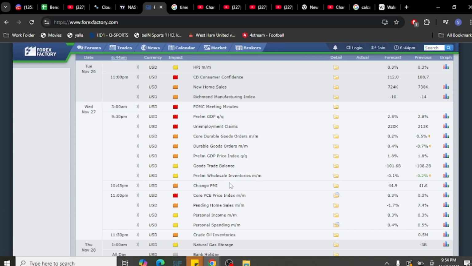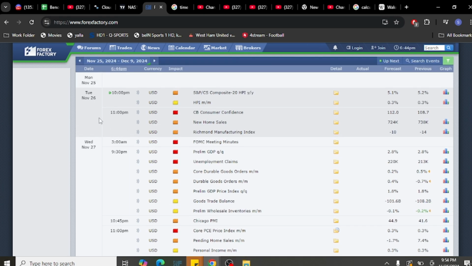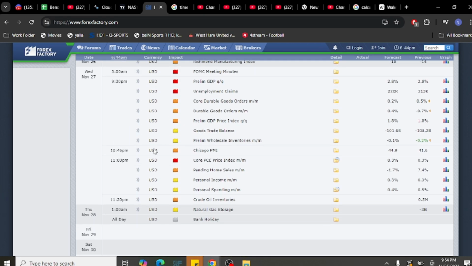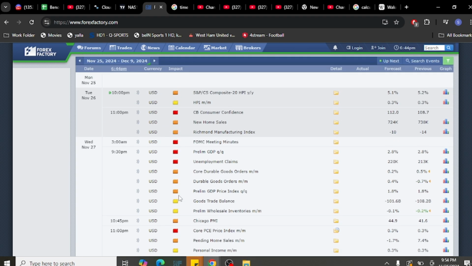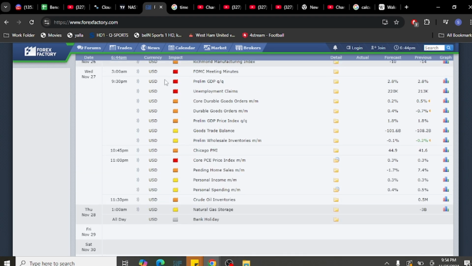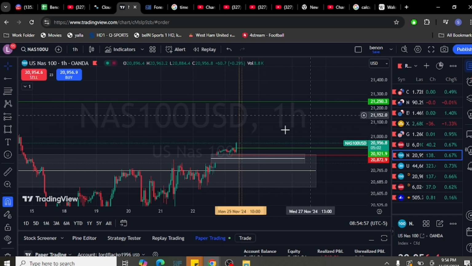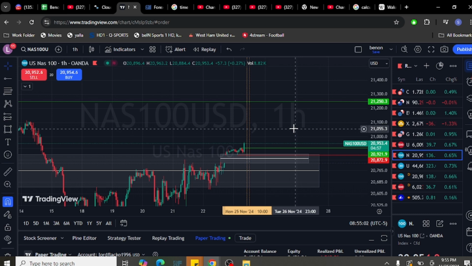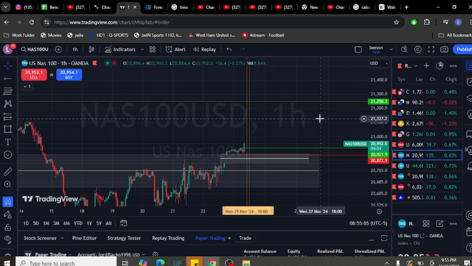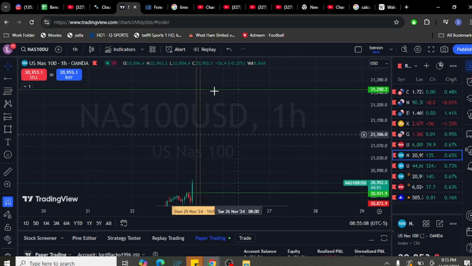A better price move would be taking it around Tuesday or Wednesday, and then being done by Wednesday, because I don't see anything really driving price on Thursday and Friday. So if I'm taking trades, I'll probably be done by Wednesday looking for longs, and then see how we go from Thursday or Friday. But ideally my business would be done by Wednesday if price really wants to take out the whole highs.